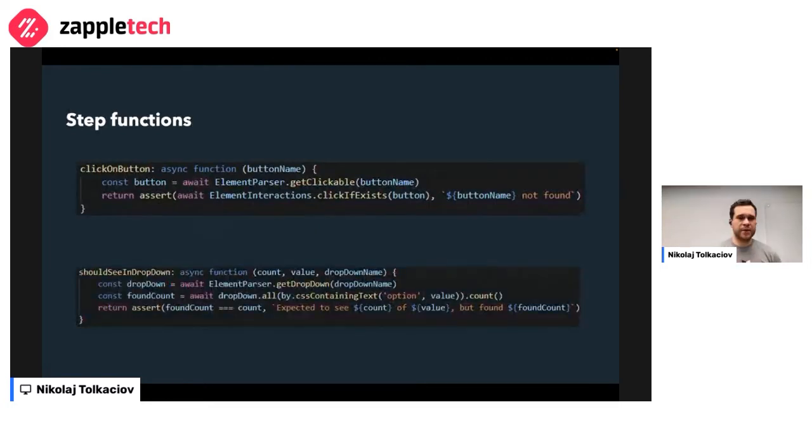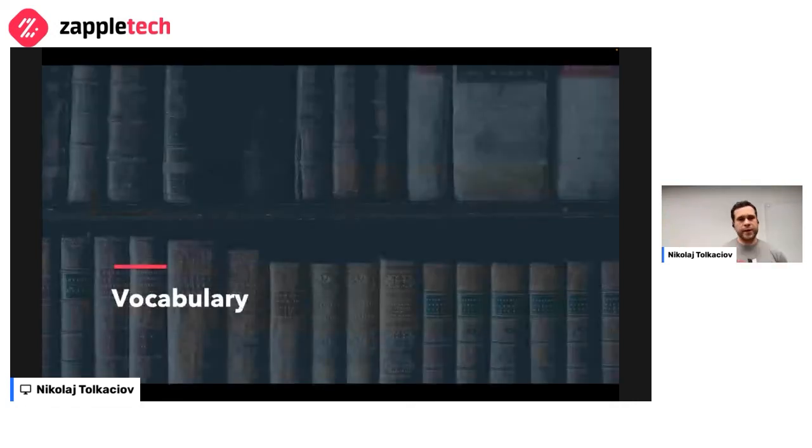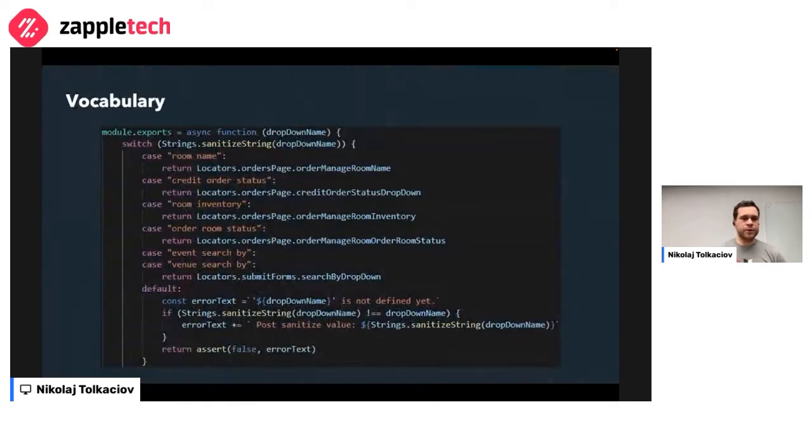So let's get back to this magical database of element parser. How does it work? We use some sort of vocabulary. So we have a text which is mapped to the specific locator you need to return if you search for that text. And we were using a switch. Why switch specifically? It had pretty great readability.